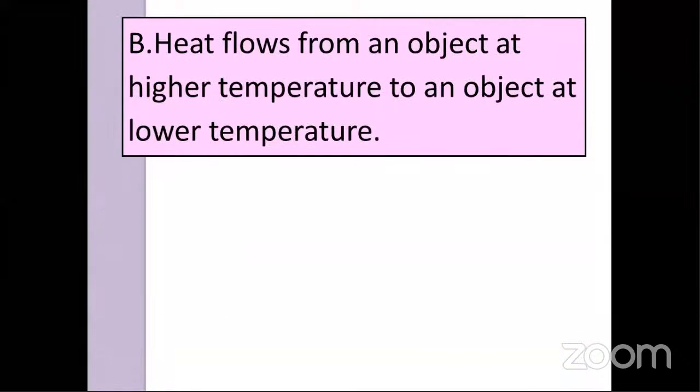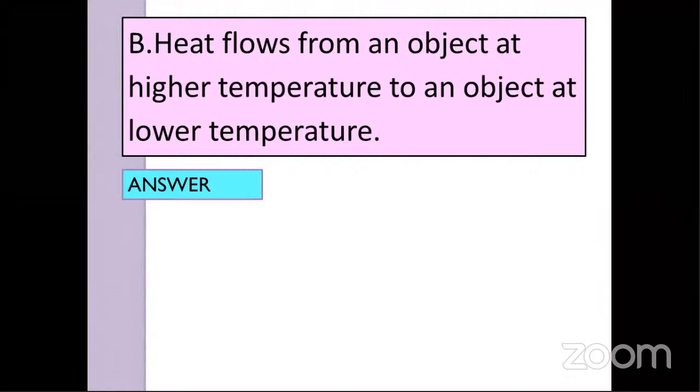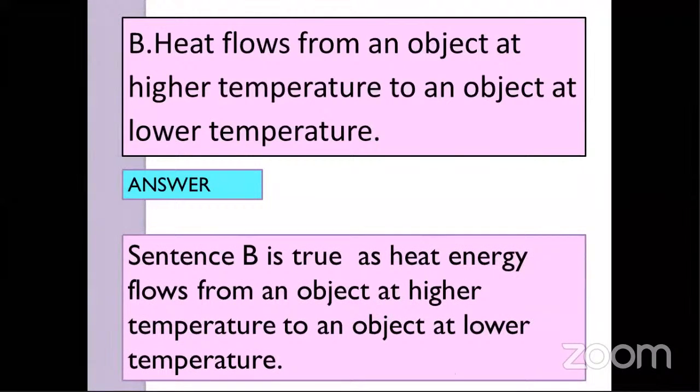The next question is B. Heat flows from an object at higher temperature to an object at lower temperature. Students, is the statement true or false? True. Very good, students. Statement B is true.